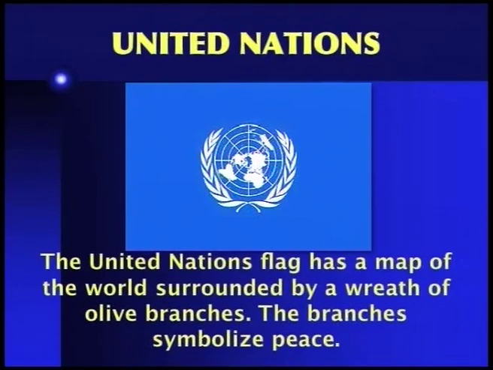So the United Nations flag has a map of the world, and the world is surrounded by a wreath of olive branches. These olive branches symbolize peace. So in case you come across this flag or symbol, you know what it means.